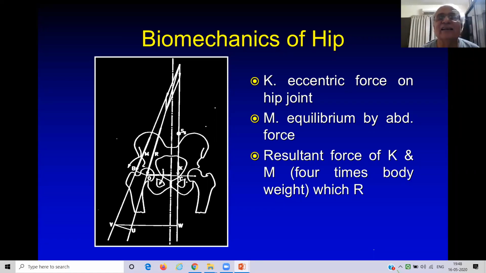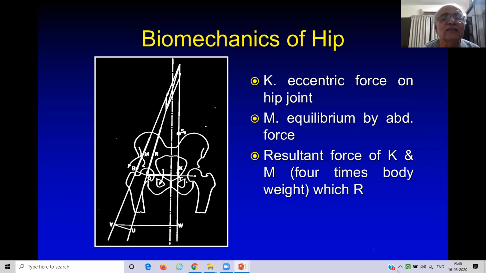So this arm, if you look at the S, this is S1. And the K is an eccentric force. When we stand on this, the body, this arm moves, the K moves towards the opposite side. So K is an eccentric force on the hip joint. That is very important. K is an eccentric force. Now, for this eccentric force, the abductor lever arm has to do equilibrium.